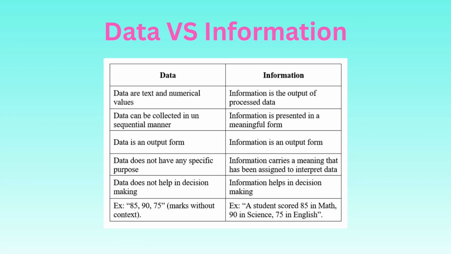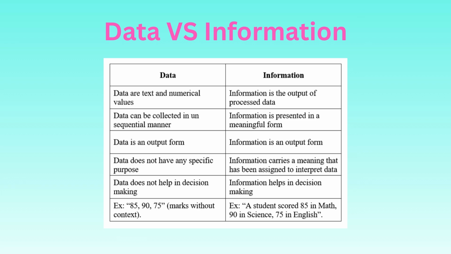Whereas information is the output of processed data. When that data, which is in text or numerical values, gets processed and is perfectly put into a meaningful sentence, or even a meaningful phrase, it is said to be information.